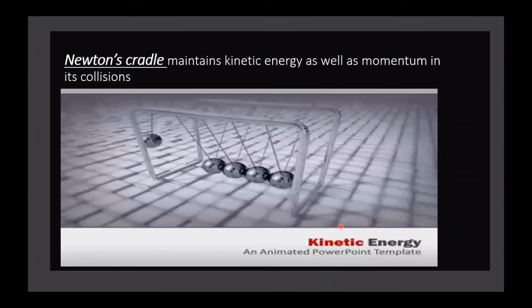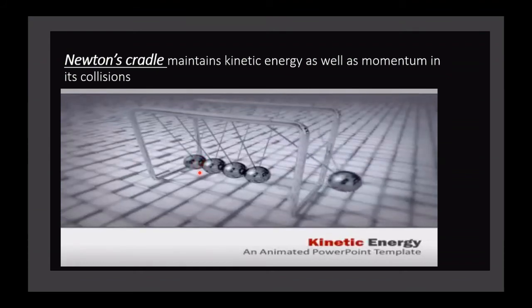As I said, Newton's cradle is nearly perfectly elastic. Newton's cradle maintains kinetic energy as well as momentum in its collisions. It's a desktop toy. Here, all the balls are identical in all respects. What happens if I displace one ball from one end? Let's see.